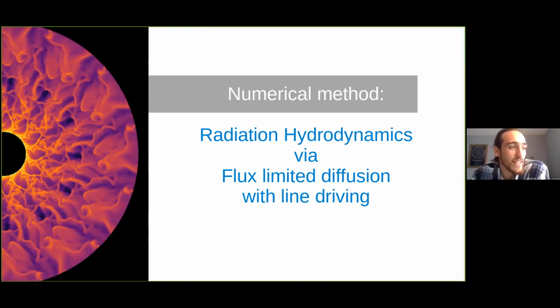What radiation hydrodynamics actually means is doing hydrodynamics, so the motion of gas, combined with some sort of radiation prescription. Flux limited diffusion is just a particular flavor of doing radiation hydrodynamics. And then line driving, as I mentioned before, is taking into account the line opacities in the dynamics of the wind.